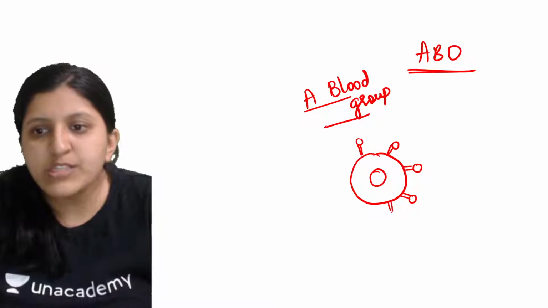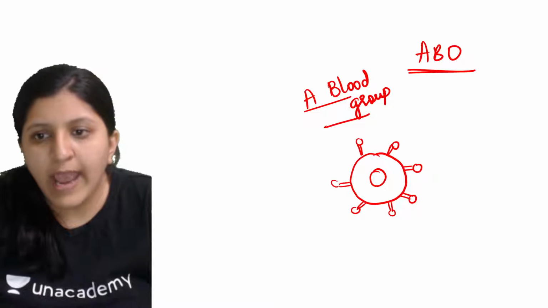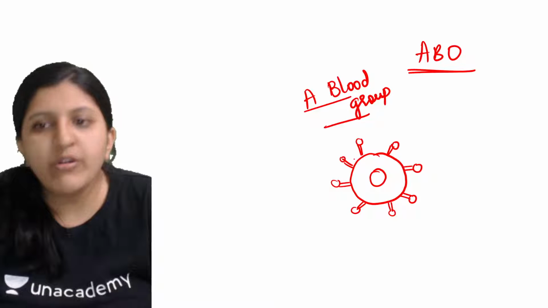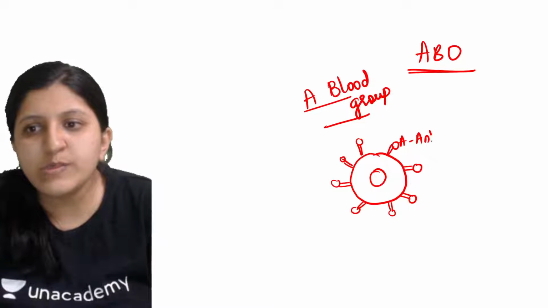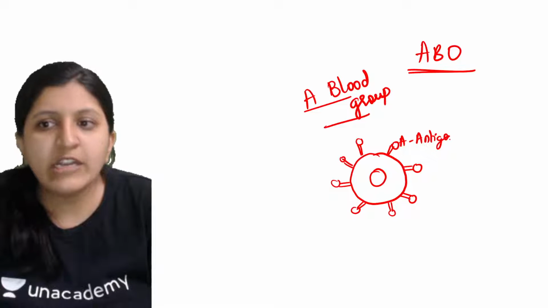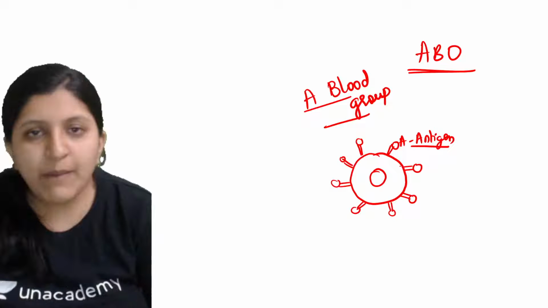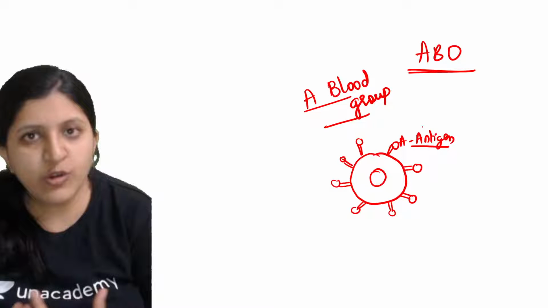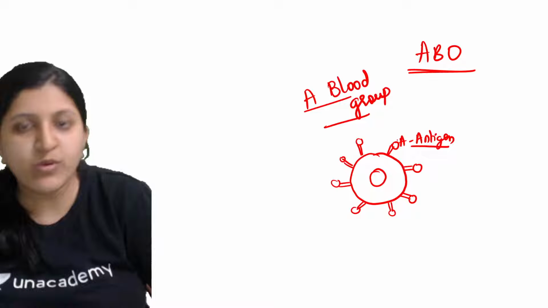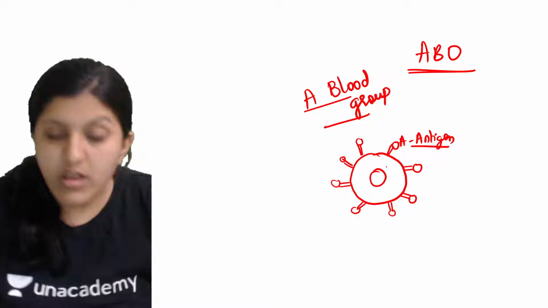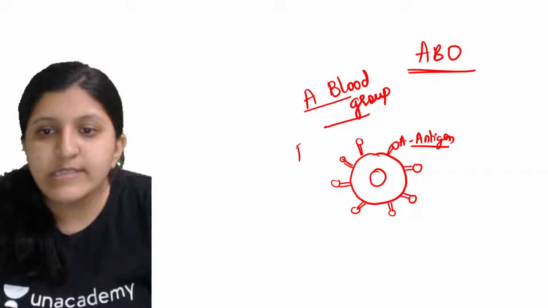The spherical structure that you find is the A type of antigen. So in the A blood group, there is A antigen present. An antigen is a chemical compound present on the surface of an RBC which can elicit an immune response. So this is an A type of antigen on the RBC.